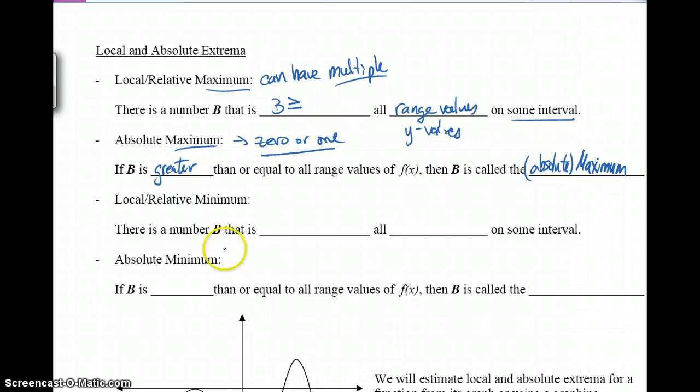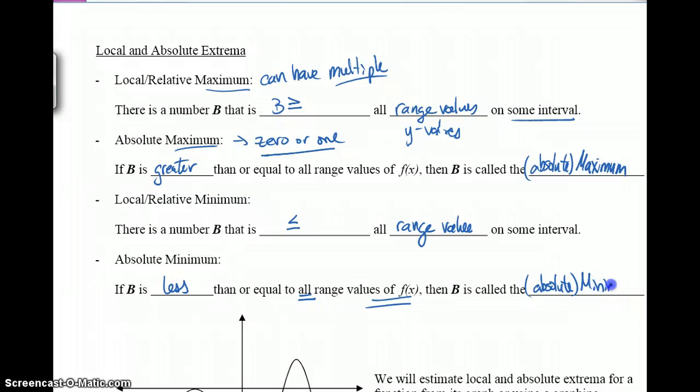Relative minimum is very similar, but in this case we're looking at less than or equal to all range values. If that value is less than or equal to all range values for the entire f of x, we call it the absolute minimum, or just the minimum.